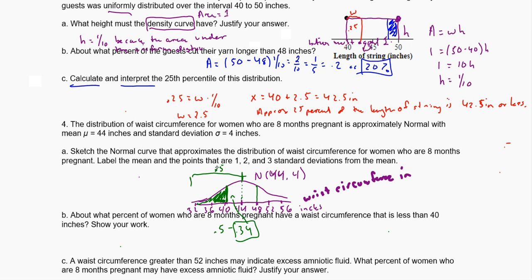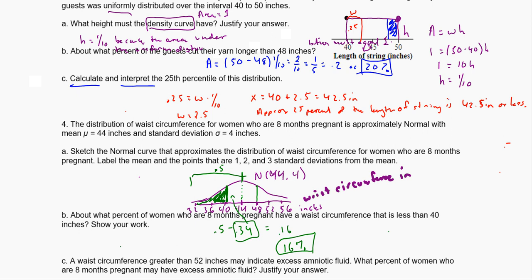And so using that empirical rule, we can take 0.5 minus 0.34, and we get a value of 0.16. And so what percent? We're going to say about 16%. All right, 16% of that data.